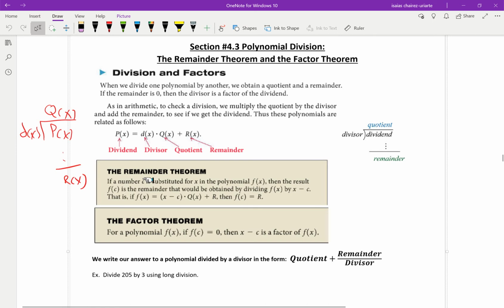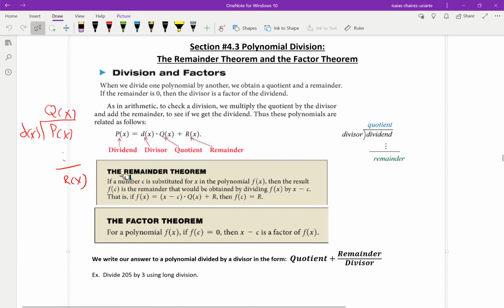Maybe right now the statement of it is a little bit vague, but we'll see the remainder theorem in action here in a second. If c is evaluated into our polynomial f of x, so if I figure out what f of c is, that's the same thing as I would get if I was to actually carry out the long division. The remainder would be equal to f of c.